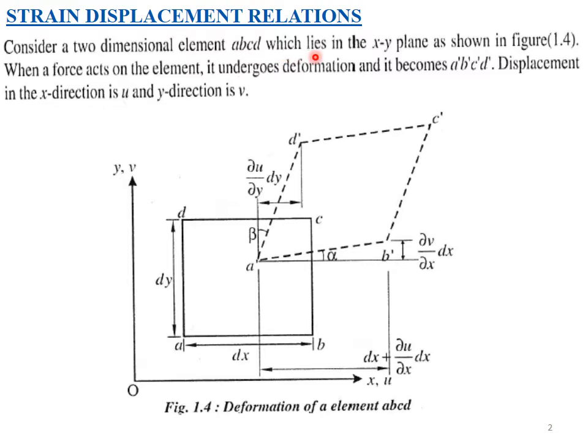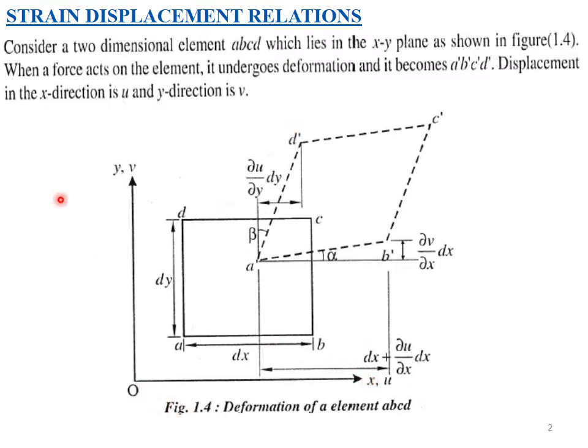Consider a two-dimensional element ABCD which lies in the xy plane as shown in the figure. When a force acts on this element, it undergoes deformation and it becomes A dash, B dash, C dash and D dash.